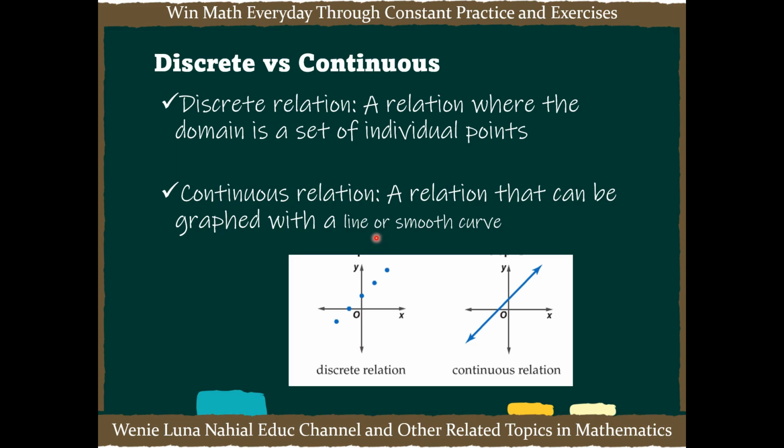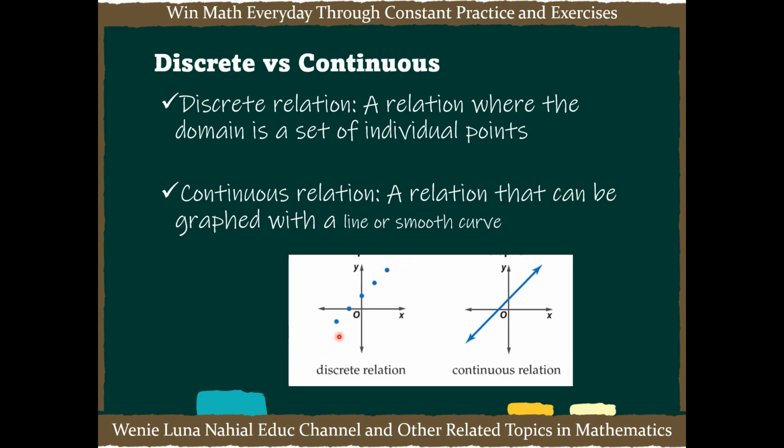So do not forget what we mean by discrete relation and continuous relation. As you can see here in the graph, we have a discrete relation. You can see we have individual points.